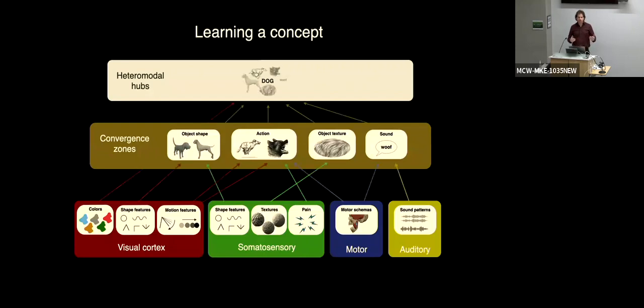So as we learn, information primarily builds up from the modality-specific areas up to the heteromodal hubs.